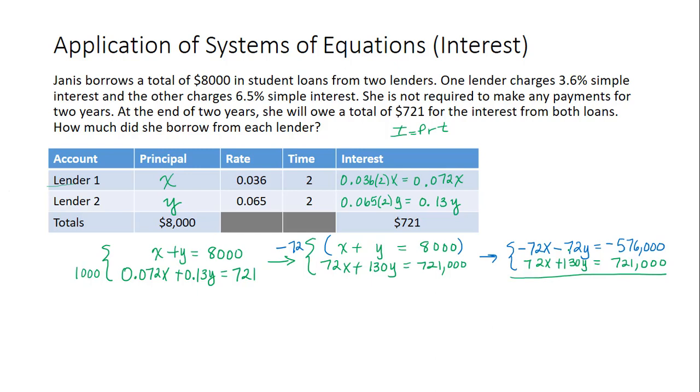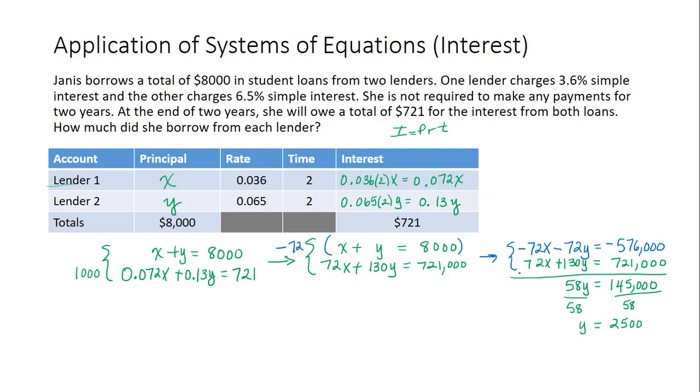Negative 72y plus 130y is 58y is equal to 145,000. And then we divide each side by 58. Therefore, y is 2,500.